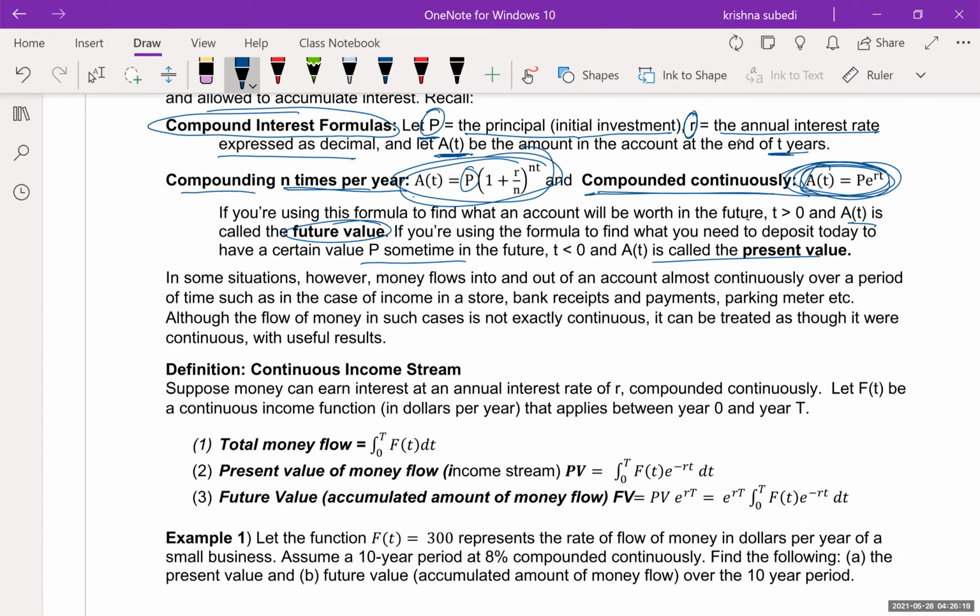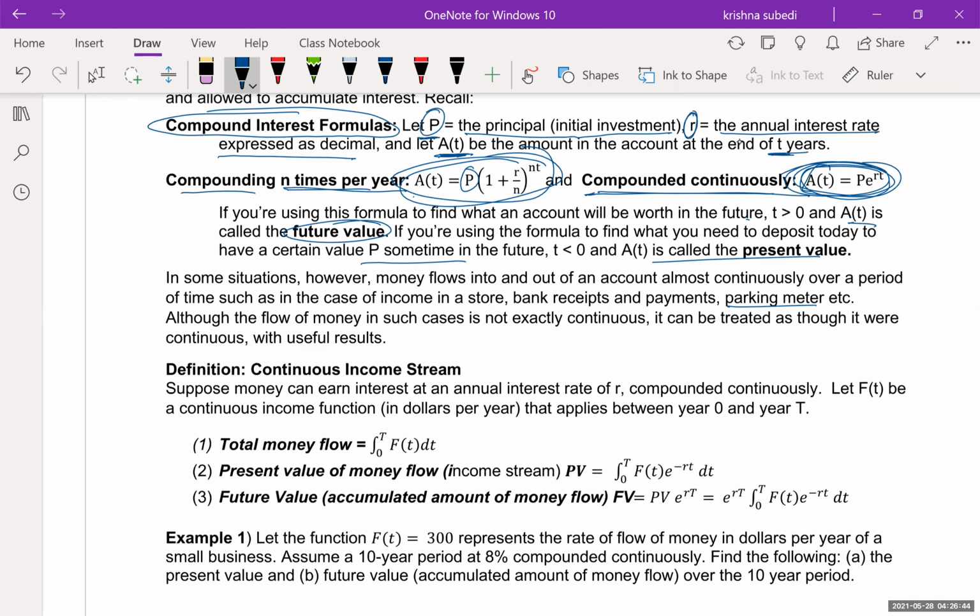But in some situations, money flows into and out of an account almost continuously over a certain period of time. For example, look at a parking meter. People come and go, they put the money in, so on a regular basis there is money flow.